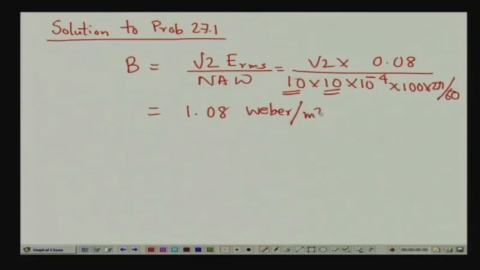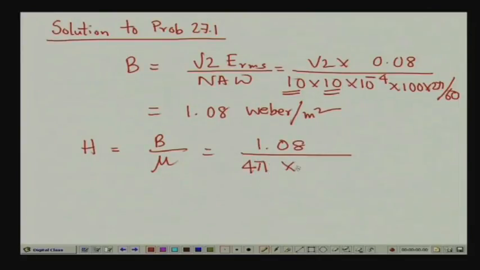per meter square. So, H will be given by B by μ, which is 1.08 divided by 4π into 10 to the minus 7, which gives 8.6 into 10 to the power 5 ampere per meter.